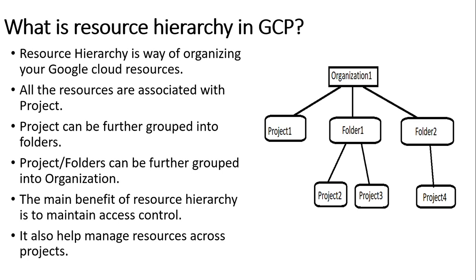Then projects can be further grouped into folders, and then folders or projects can be grouped into an organization. The main benefit of using this resource hierarchy in GCP is that it helps us maintain access control for different use cases, and it also helps to manage resources across projects.